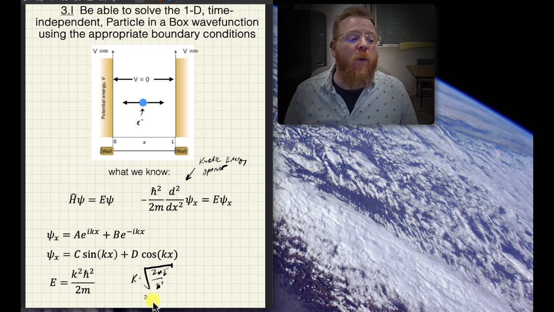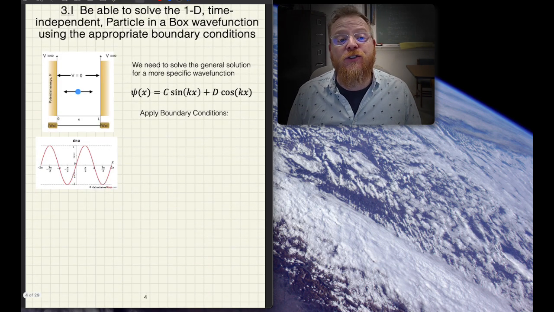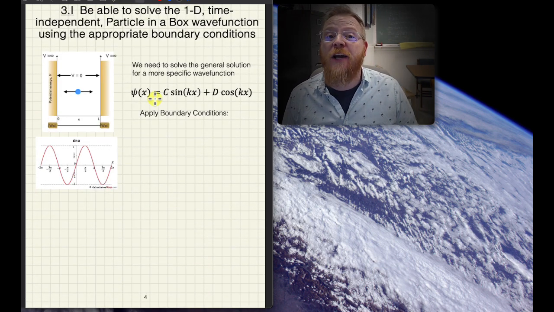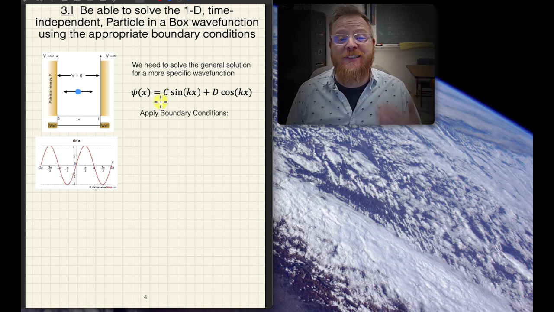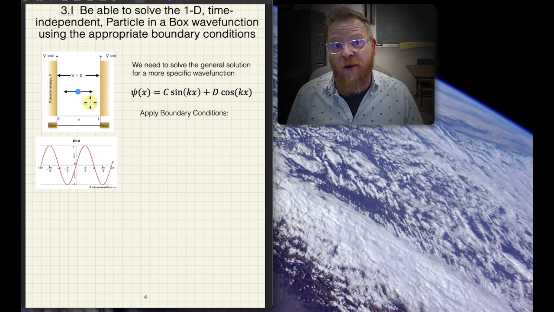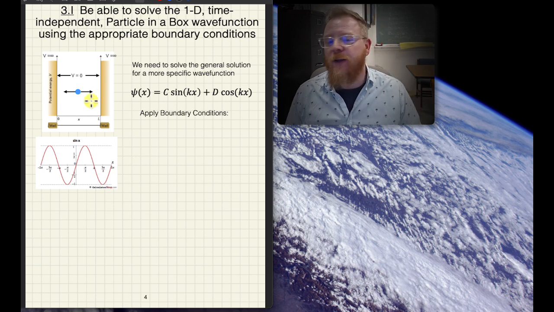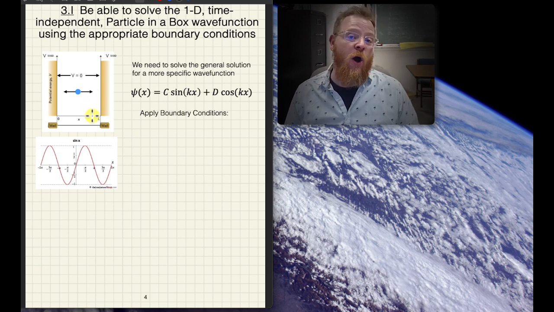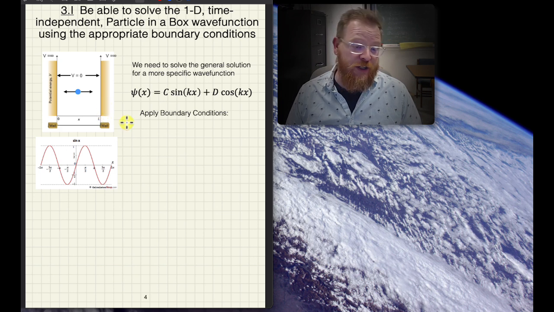Okay, so what we want to do now is solve this more general solution for a specific solution with our exact boundary conditions of this particle in a box problem. So here is what we know and what we can say about our boundary conditions.